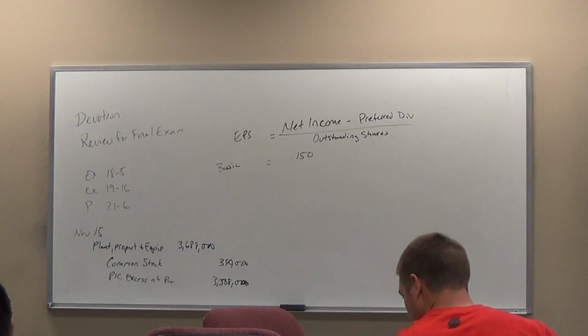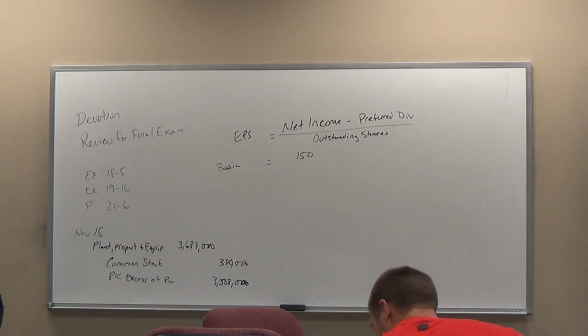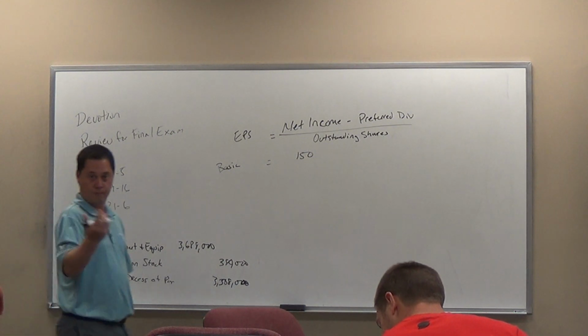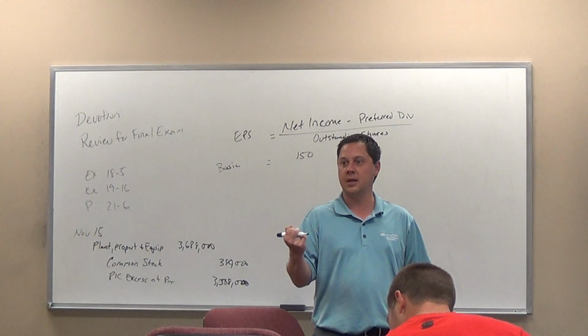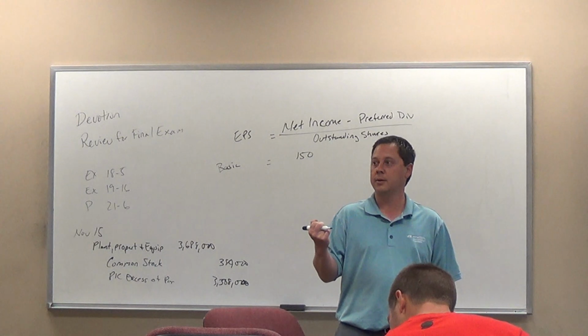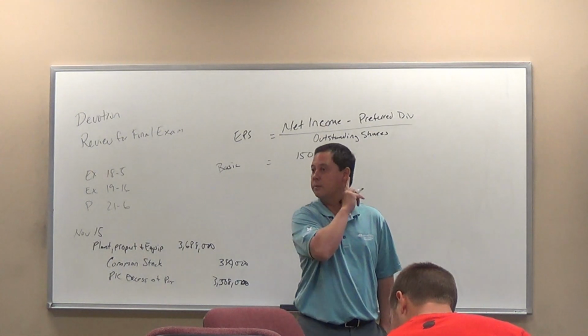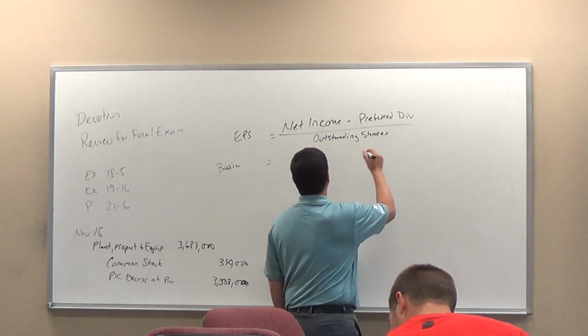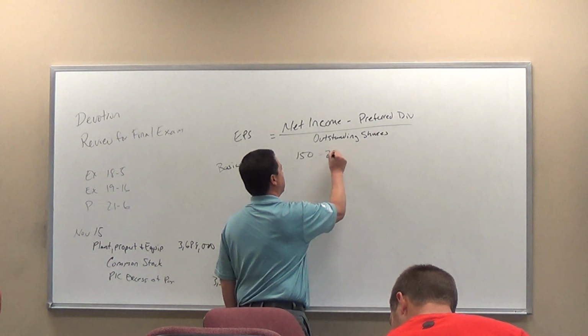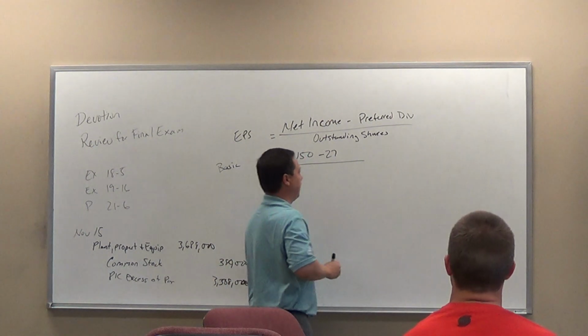How many shares do we have outstanding? 3 million, that sounds right. So 3 million times 9 is 27. So we have 27 here. That's what we're taking away.